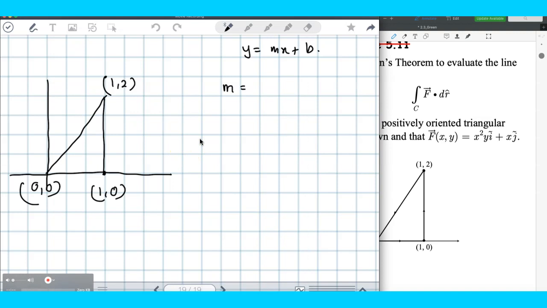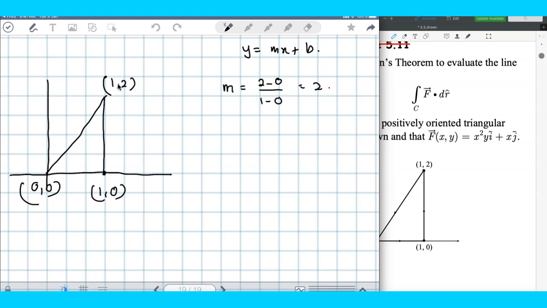You can get the slope using the points given: 2 minus 0 over 1 minus 0, so you get 2.